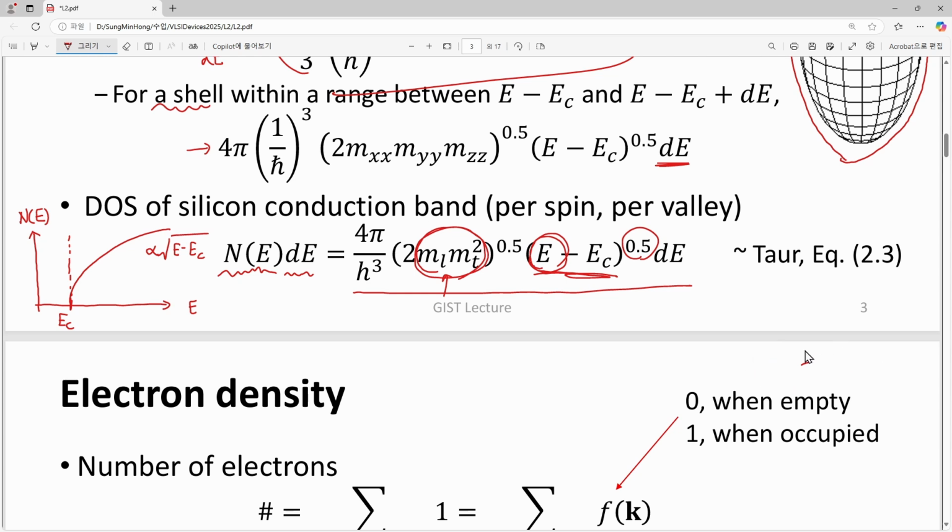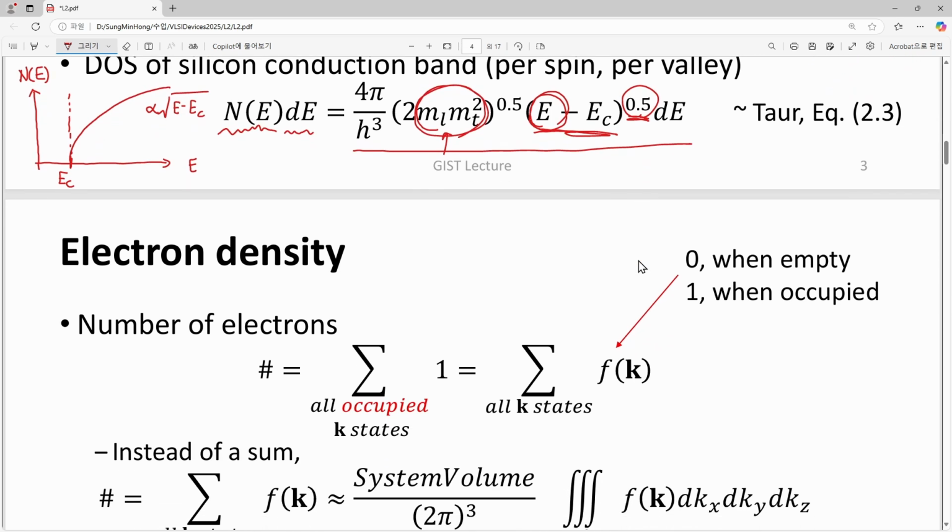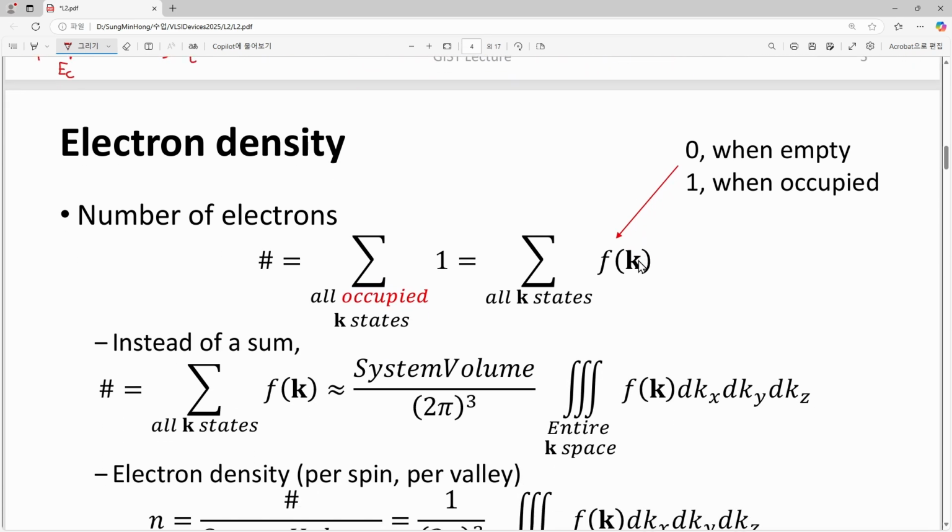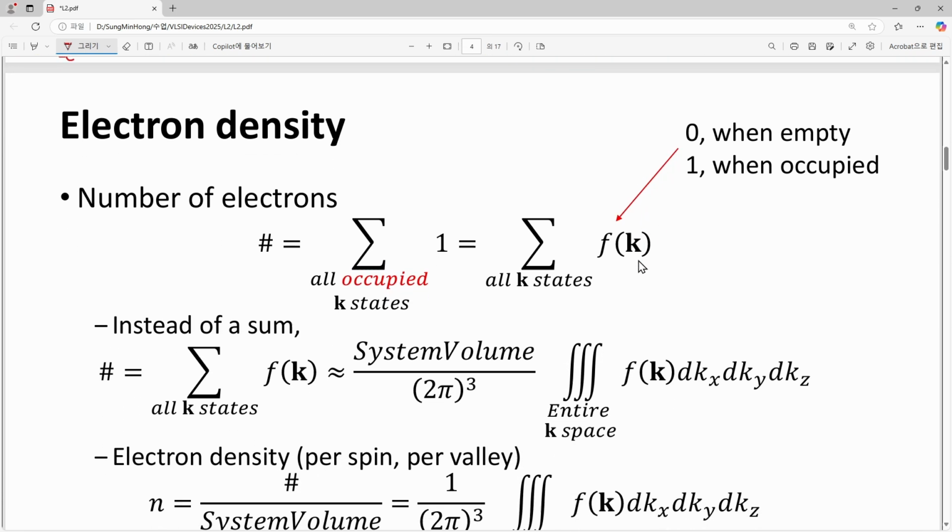Okay, so anyway, we will just concentrate on this three-dimensional electron gas. So we will use this 0.5 power. Then electron density can be calculated by just counting the number of all occupied k-states.